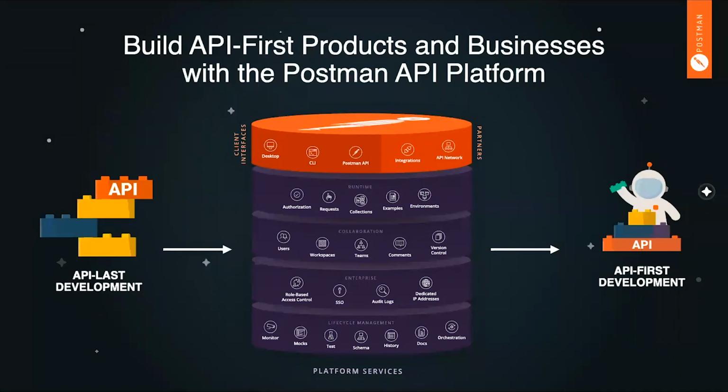You're defining those bounded contexts for each of your individual services as workspaces, as repositories, and you're keeping those boundaries clean and organized as you move forward, so that the scope of those APIs doesn't bloat and grow as they did within an API last development world.